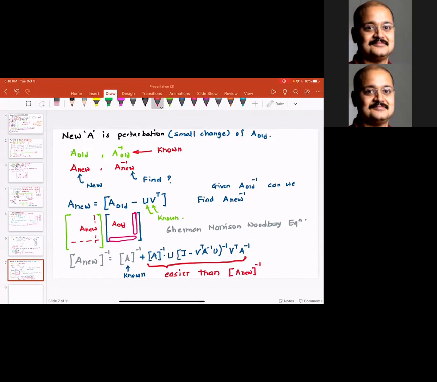And that is the advantage of this formula. If you have this equation, it can be computed very quickly by a numerical solver, rather than inverting the complete new matrix.